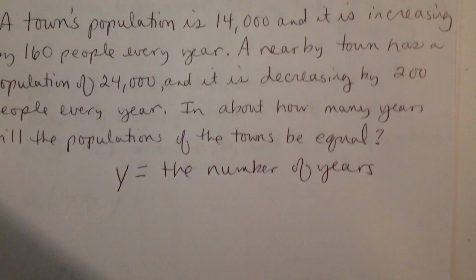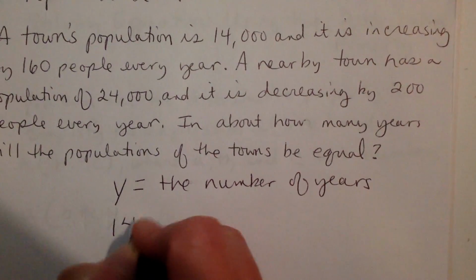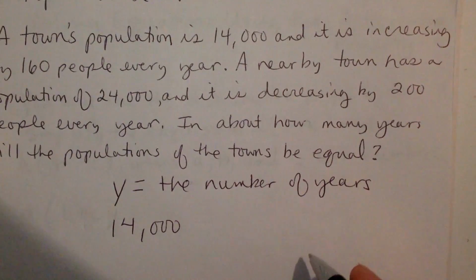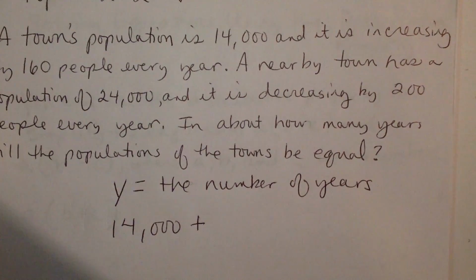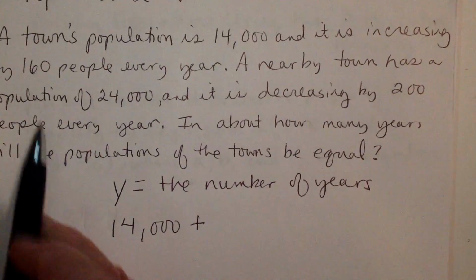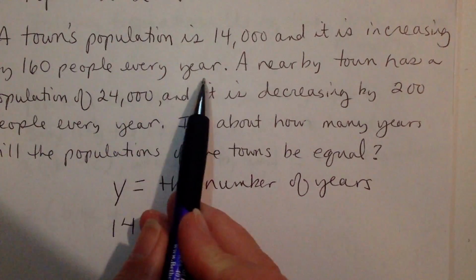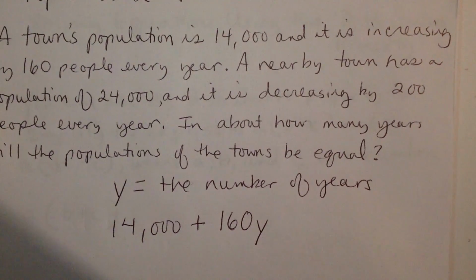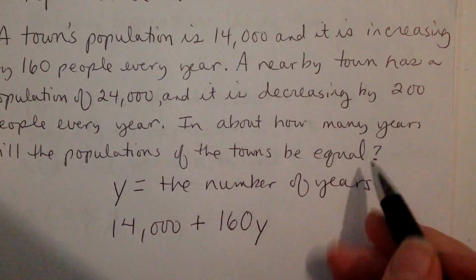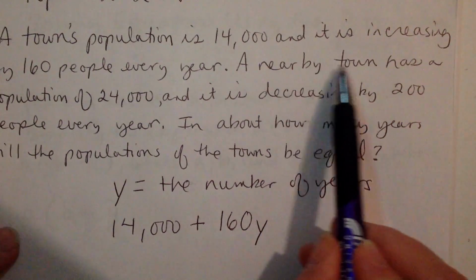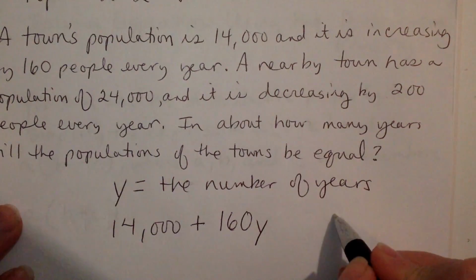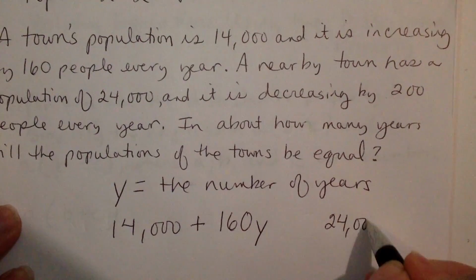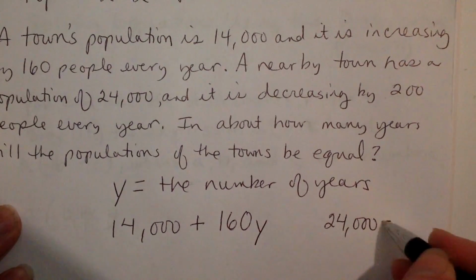So, our town has 14,000 and is increasing, that means plus, increasing 160 people every year. So I'm going to put 160 times y. Next, on the nearby town, it has a population of 24,000 and it is decreasing.